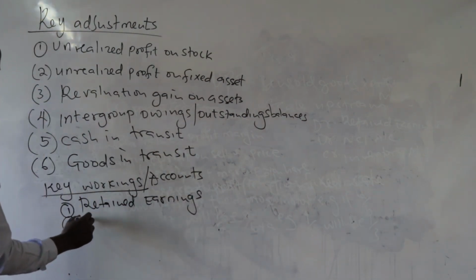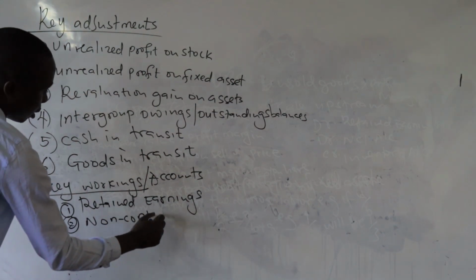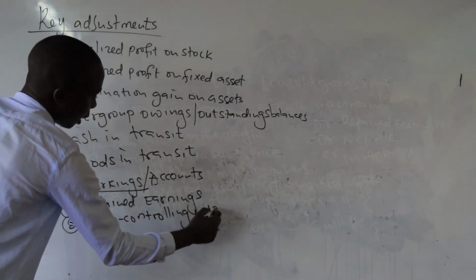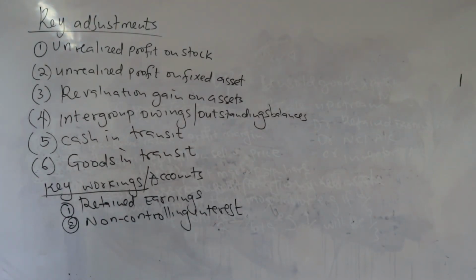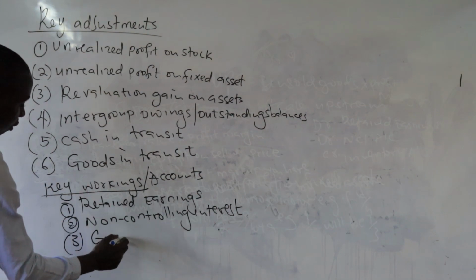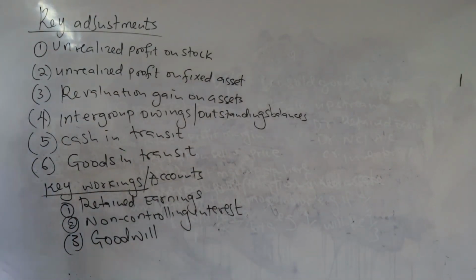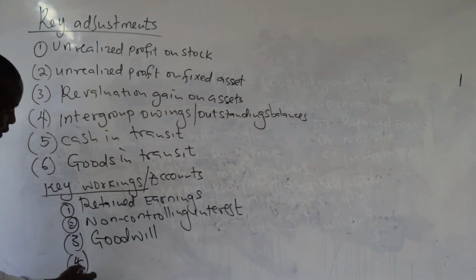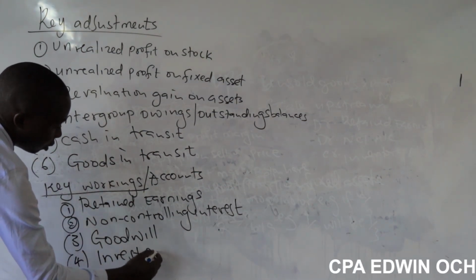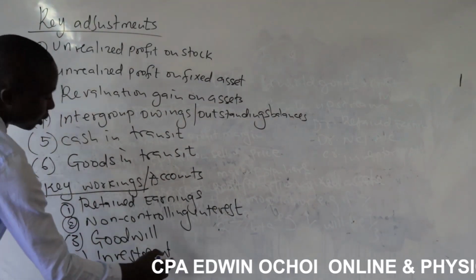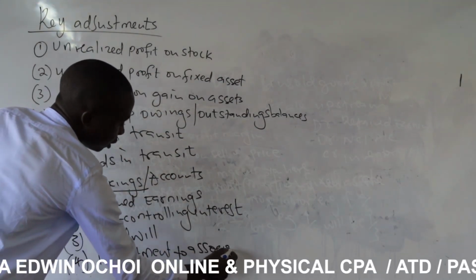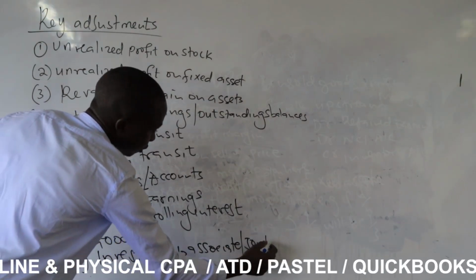Number two, the non-controlling interest, both for the determination of capital and the profit to the minority shareholders. Number three, the computation of goodwill. Number four, the determination of investment in an associate or joint venture.